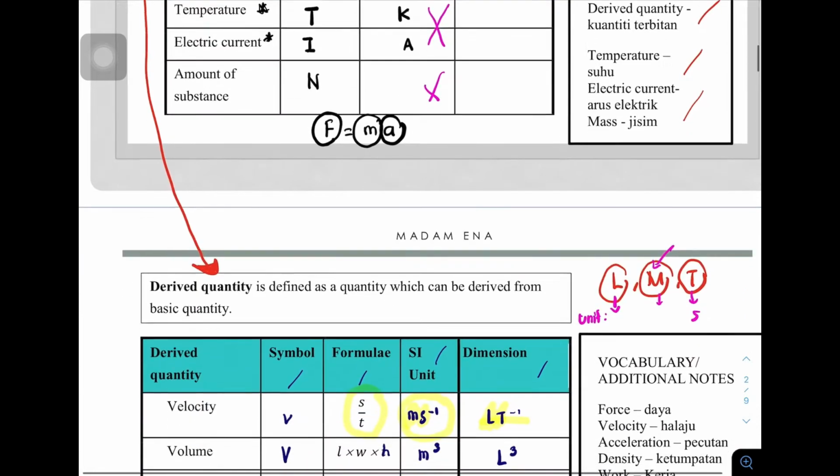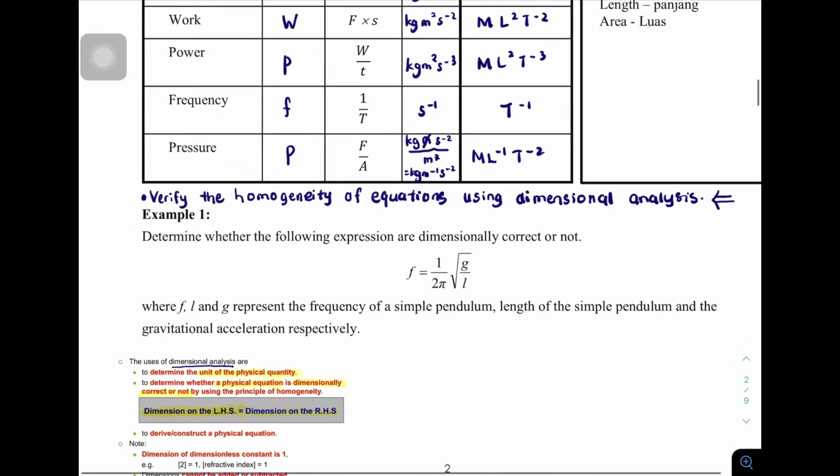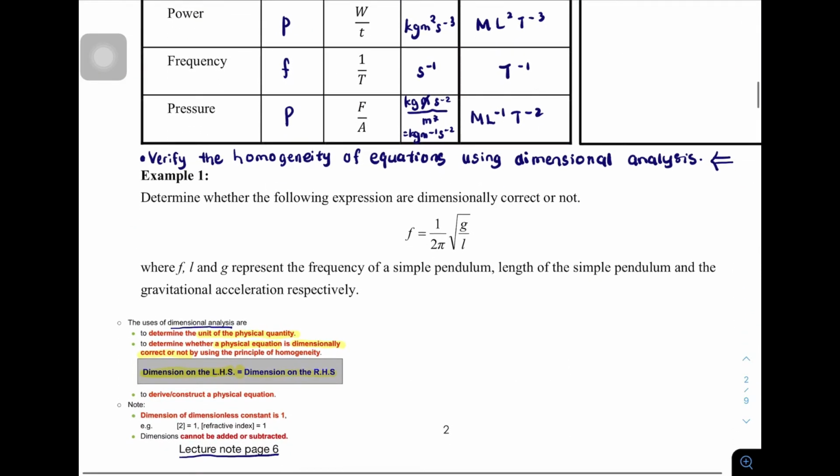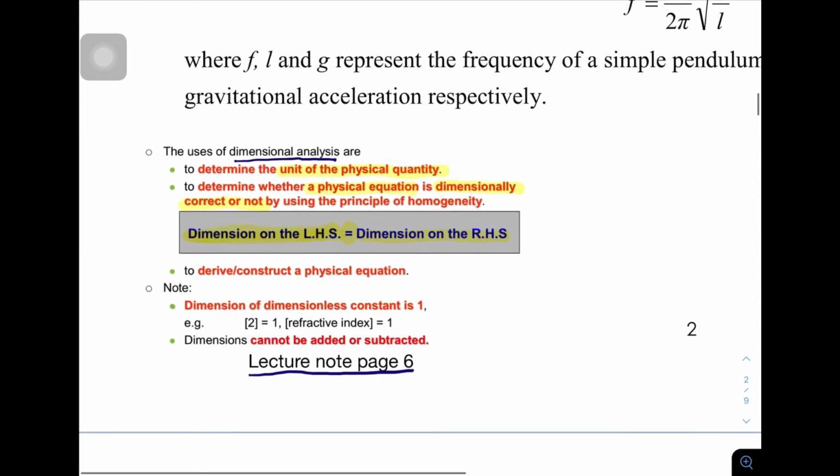Okay, so for today's lesson, we are going further down to this learning outcome. We will be verifying the homogeneity of equations by using dimensional analysis. I believe you have come across this statement because it is from your lecture. Refer to your lecture note page 6.